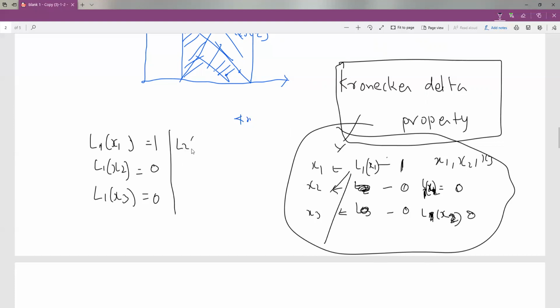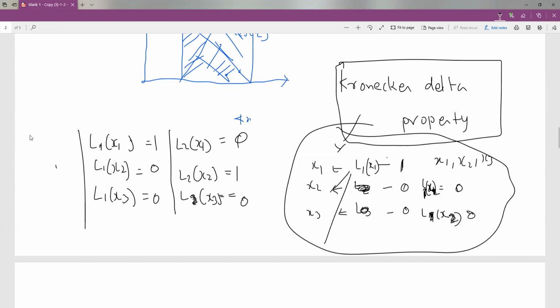Similarly, suppose I talk about the L2 function, it should give you unit value at that particular corresponding node or joint or distance x equal to x2. It should give you a unit value. L2 at x1 and x3 should give you 0 value.